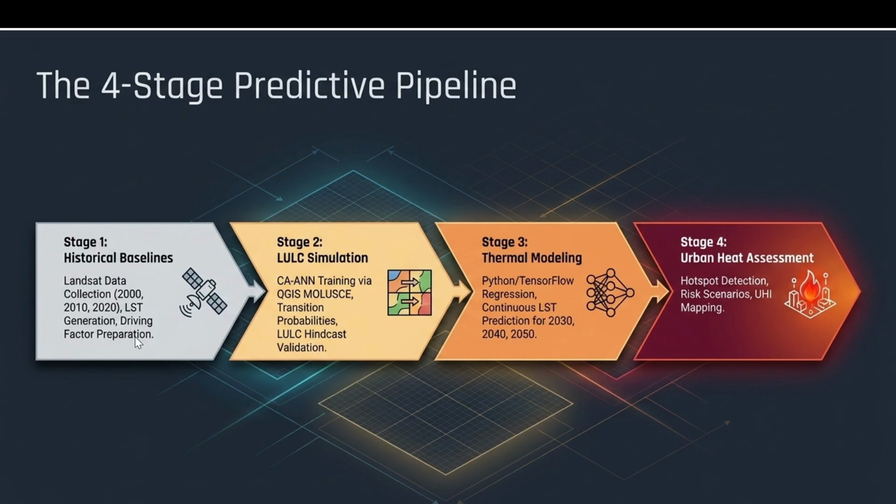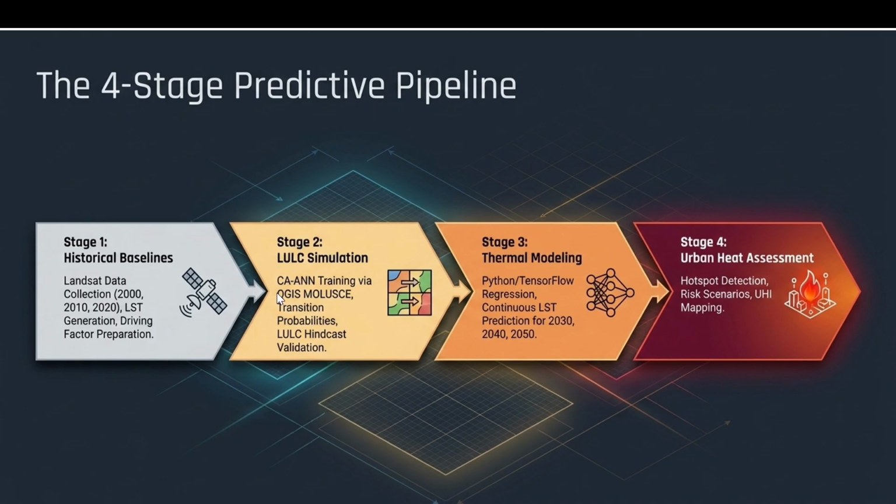Different types of driving factors we need to prepare, suppose distance to road, distance to river, water distance, population density. A lot of factors we need to add when you predict.